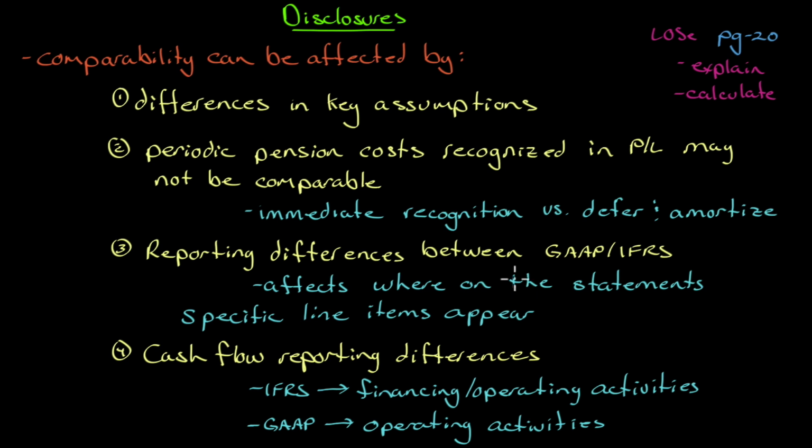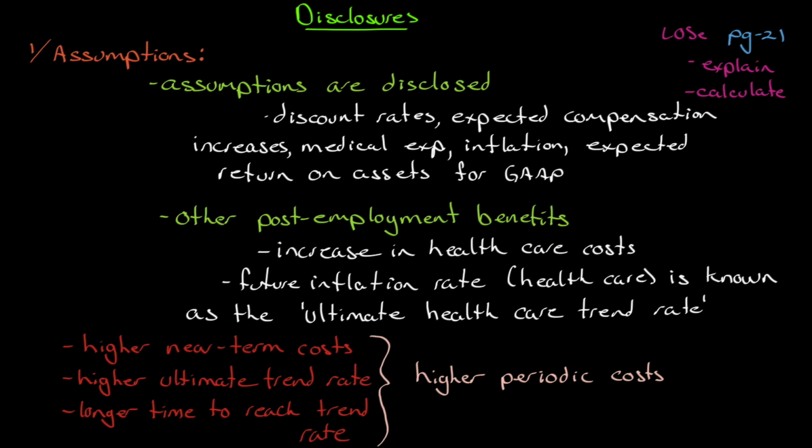They affect where on the statements specific line items appear. And there are some cash flow reporting differences between IFRS and GAAP. Under IFRS, financing or operating activities could be affected by pension expense, whereas under GAAP, it's all in operating activities. So we're going to see what happens when IFRS decides to use both categories and how we can adjust GAAP for the same thing. Okay, so let's have a look at these assumptions.